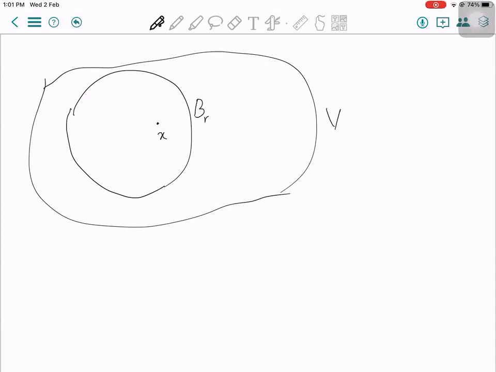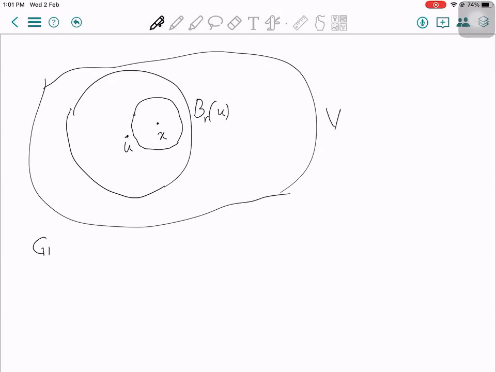It has radius R around some point U. And now I claim that I should be able to put a ball inside the entire V, but in particular I will put it in the ball that I have drawn, such that I should be able to put a ball like that.